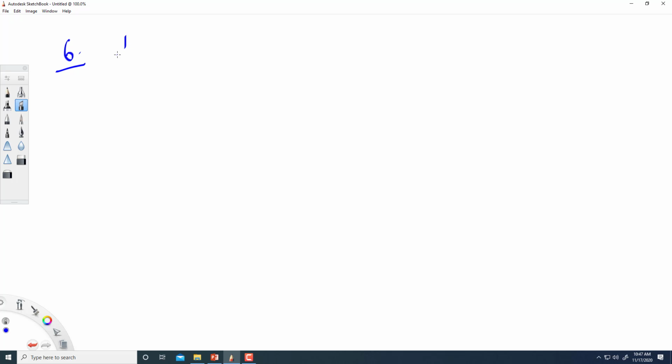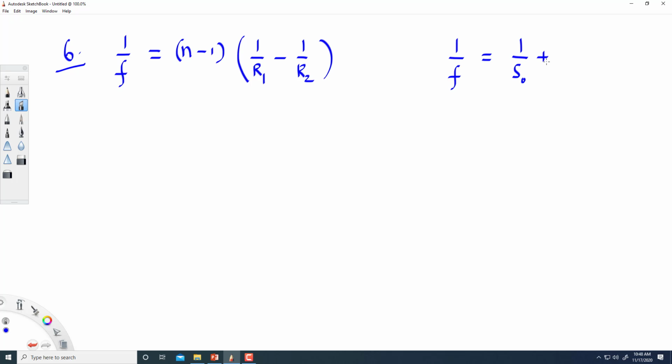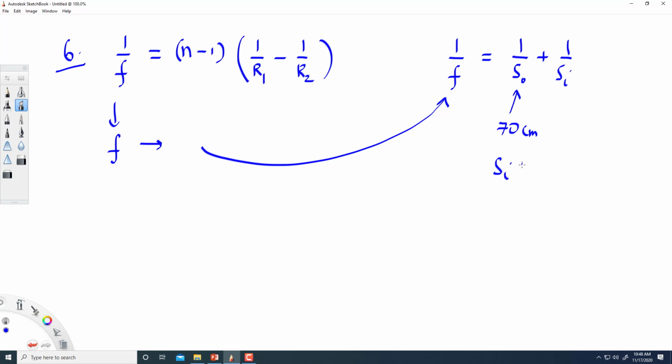First thing you can do is find f, so first you use this equation, and then use this equation. This equation will give you f, and then use that f here, and the object distance is also given, and using that you find the image distance.